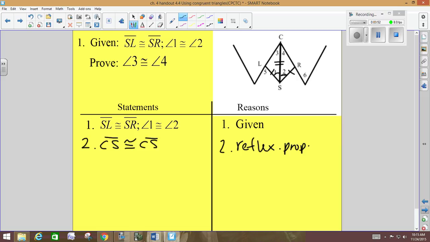Which of our 4 ways? Good. Side, angle, side. Over here, we have to make sure we line these up correctly. So if I say triangle CLS, then it needs to be followed by what? CRS.